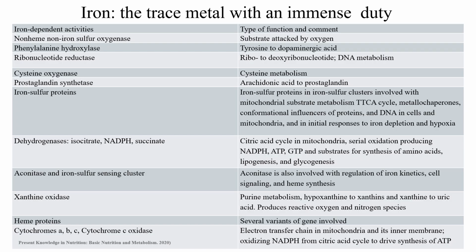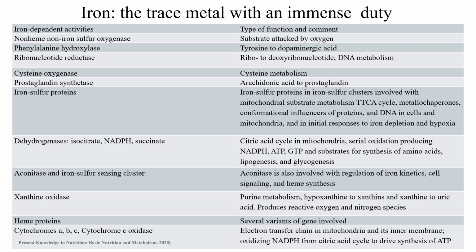It also uses dehydrogenases such as isocitrate, NADPH, and succinate. These aid in the citric acid cycle in mitochondria, the serial oxidative processing in NADPH, ATP and GTP, which are sources for energy, and the substrates for synthesis of amino acids, lipogenesis and glycogenesis. So the synthesis of amino acids are the foundations and building blocks of every protein in our body. So that is a big use for iron.